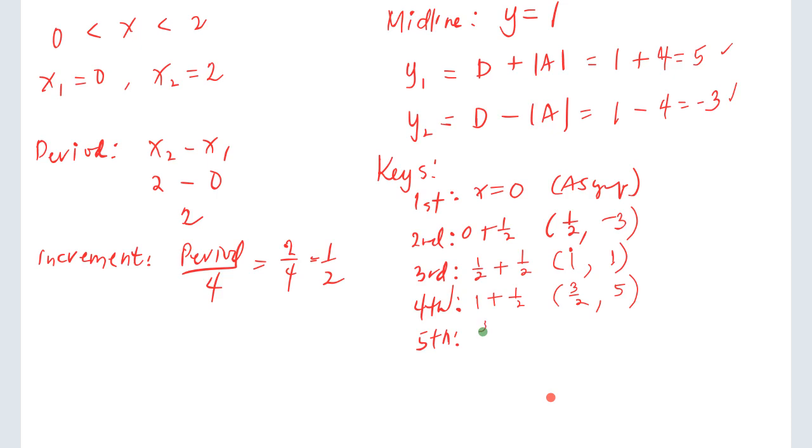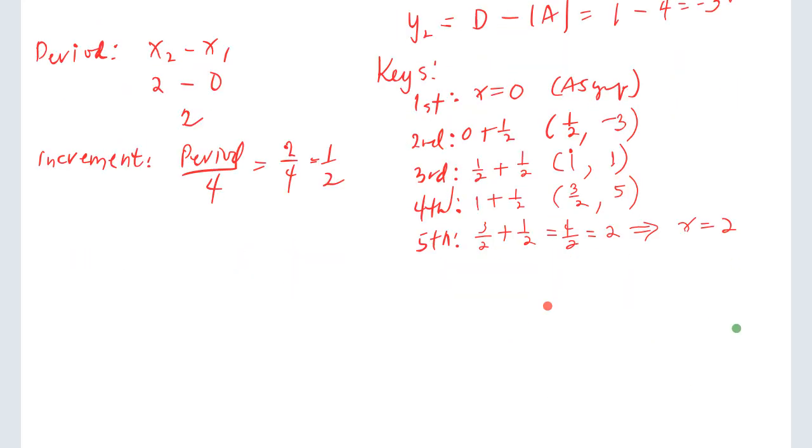The next one is 3 over 2 plus the increment 1/2, which is 4 over 2, simply 2. Remember, this fifth key is our asymptote, which is x equal to 2, which we have solved. Now I have complete keys here.